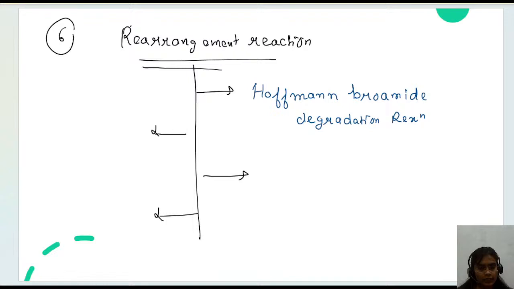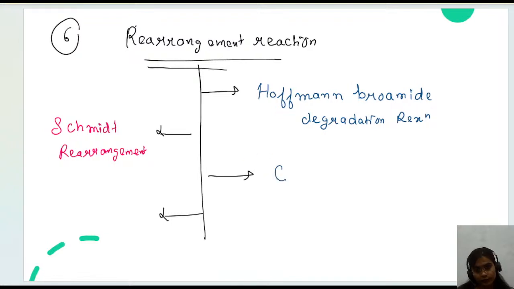So the first name is the Hoffman bromamide reaction. Now the next one is the Schmidt rearrangement. Next, the Lossen rearrangement. And then Curtius.